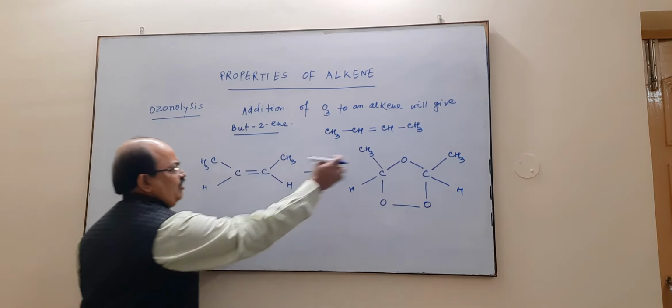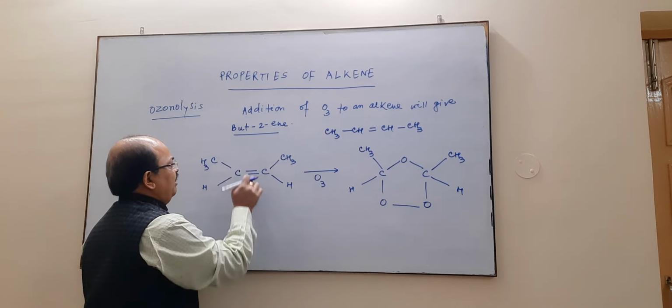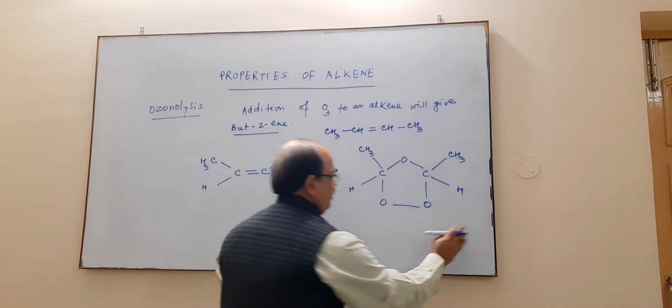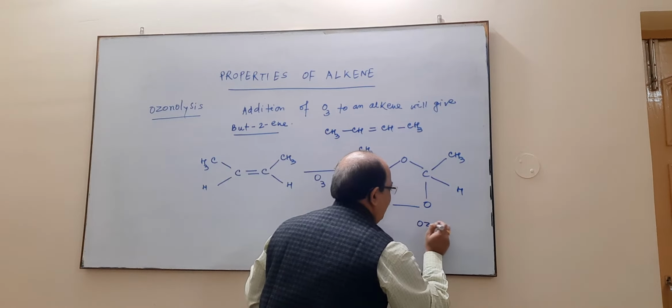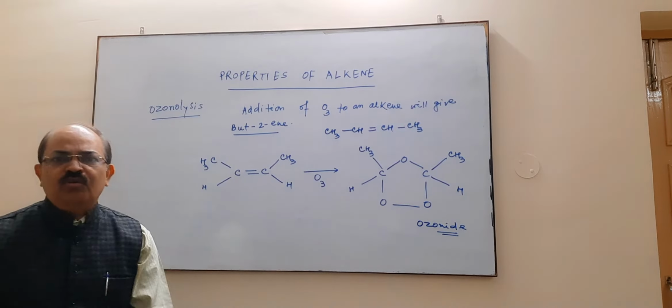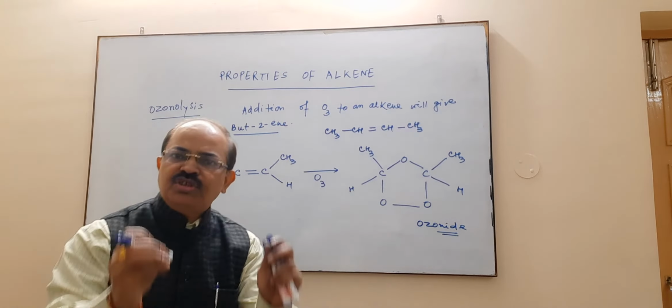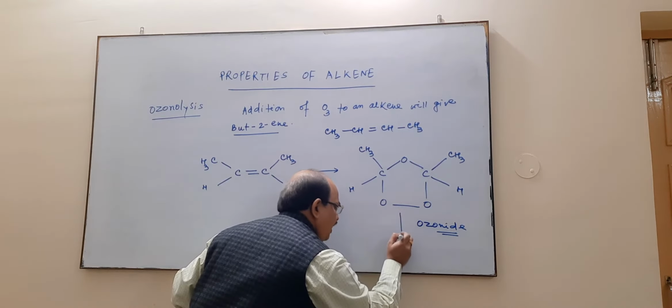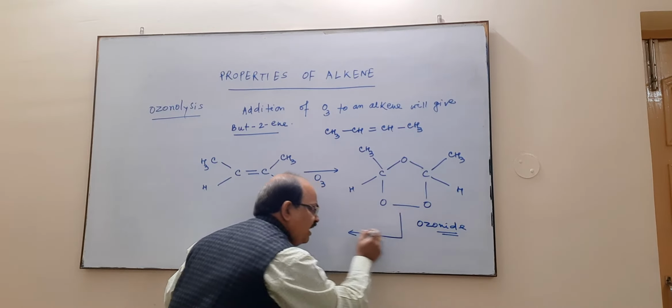See, CH3 CH, then break the double bond; this is your ozonide. So this is the ozonide of but-2-ene.